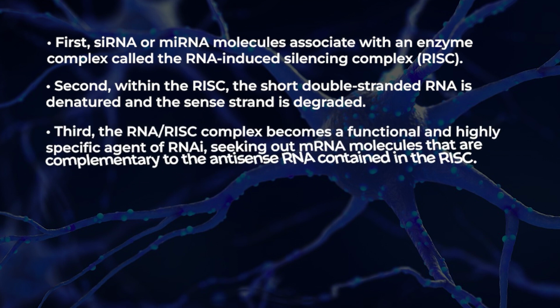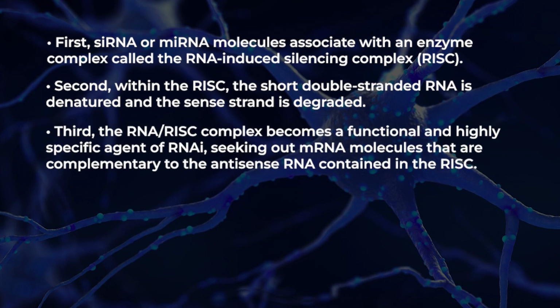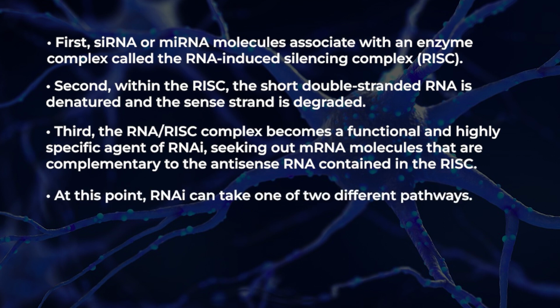Now what they have is a single stranded antisense RNA RISC complex, and they are highly specific functional agents of RNA interference technology, and they seek out specific mRNA molecules which are complementary to the antisense RNA contained in the RISC. At this point, RNA interference can take one of two pathways.